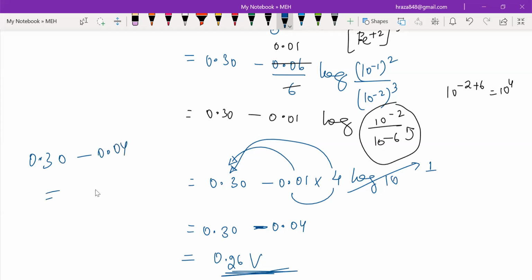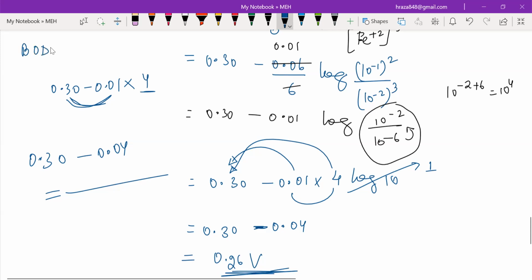So you are going to subtract it. What you just did was multiply. Can you again tell me? I did 0.30 minus 0.01 and then I multiplied by 4. Oh, that means you just subtracted this and multiplied by 4. Yeah, that's wrong, I think.